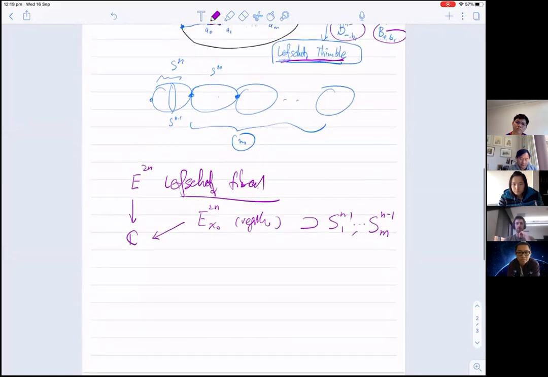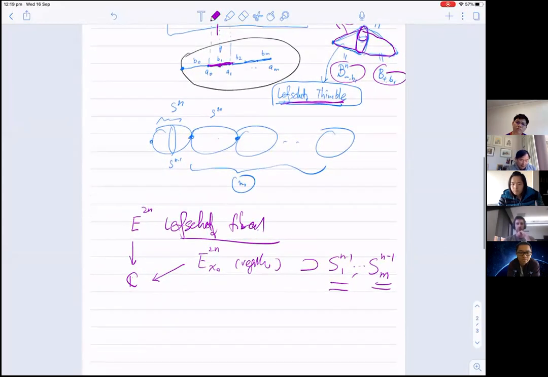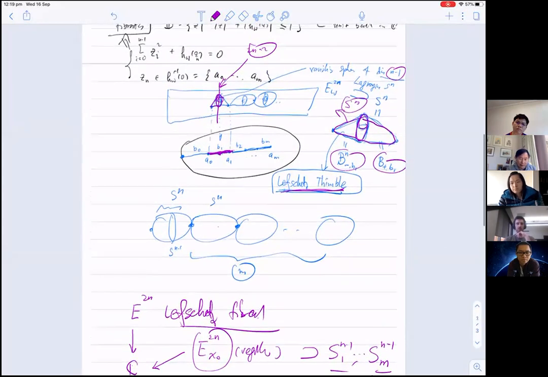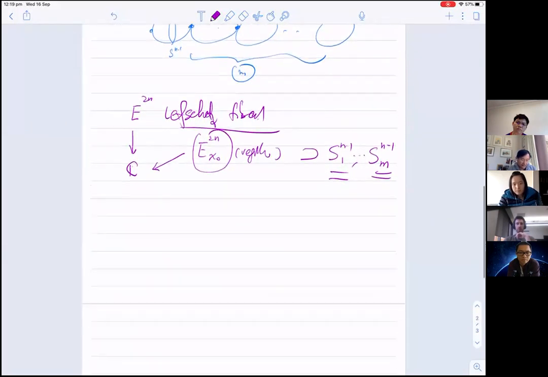And these are single fibers. Here I draw it maybe something like this.